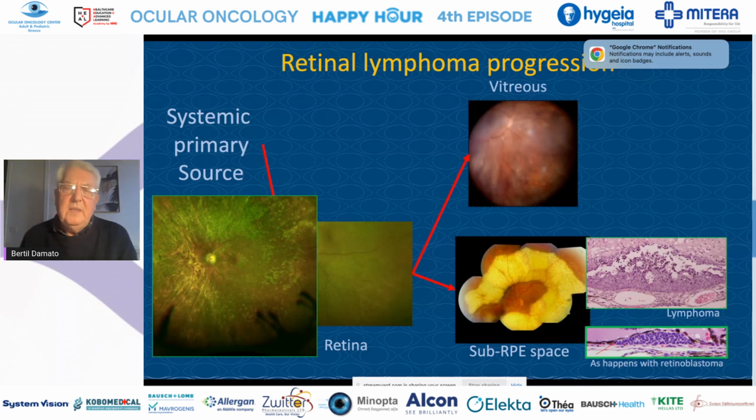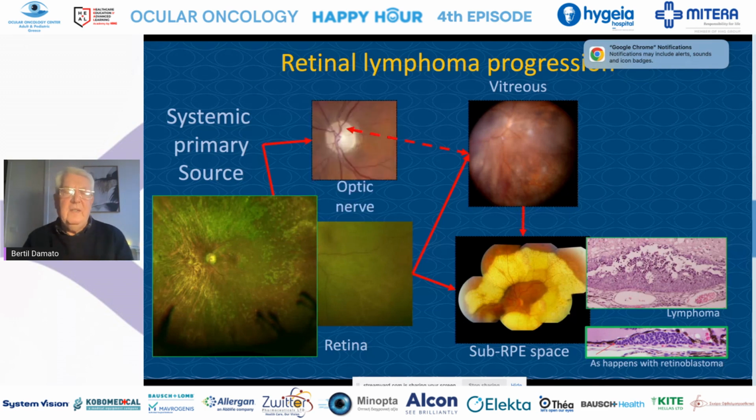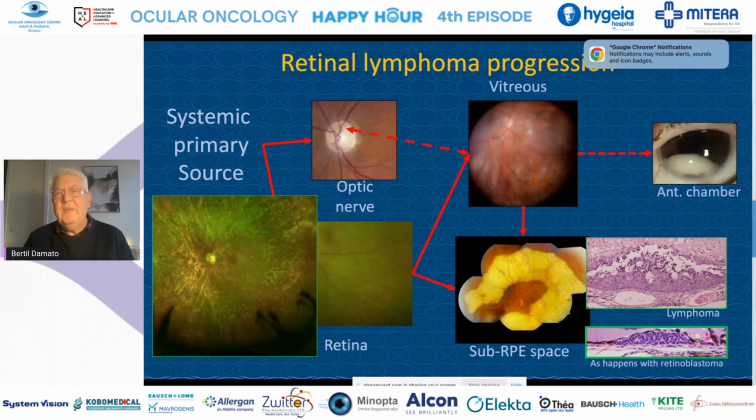From the retina, the lymphoma cells infiltrate the vitreous to cause these dense opacities, and from there they go back into the retina again. Then the optic nerve can get involved. You can get an optic neuropathy, and you can get extension into the anterior chamber.